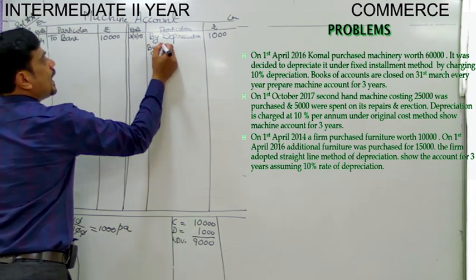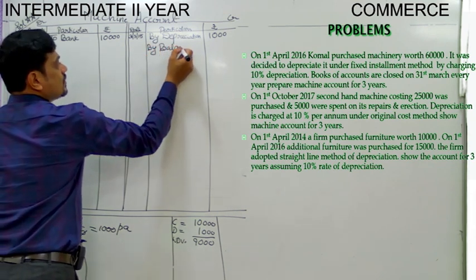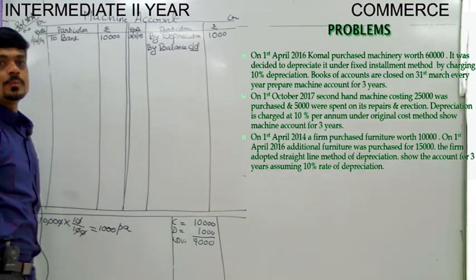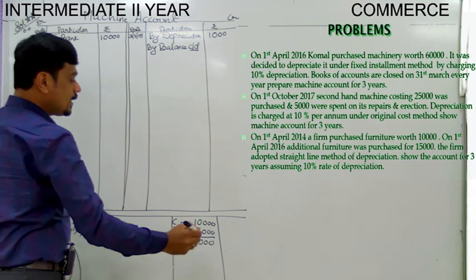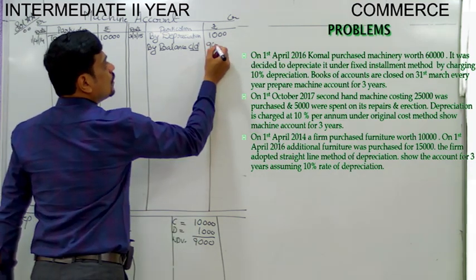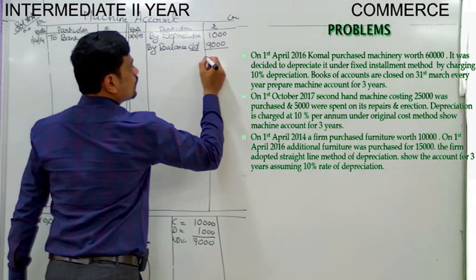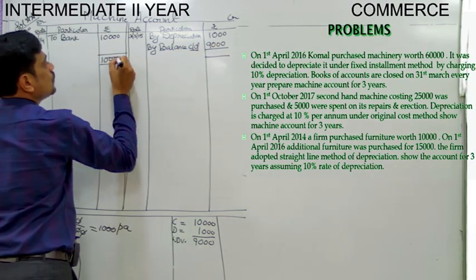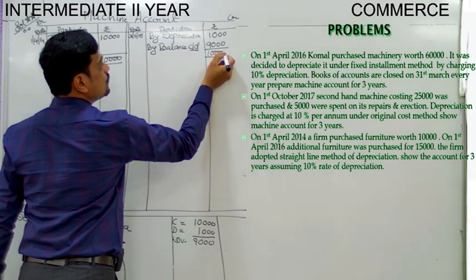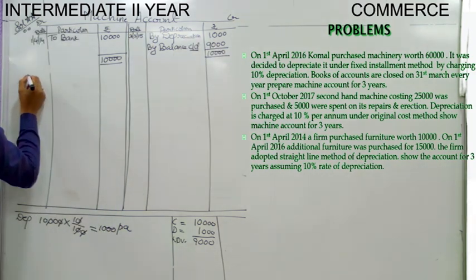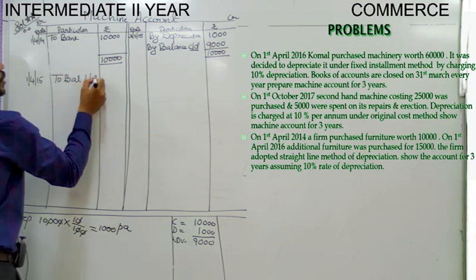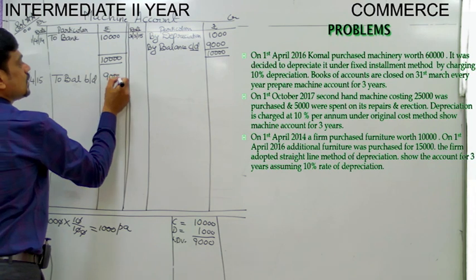So by balance carried down. Generally students, they don't write carried down, brought down. You have to write carried down and brought down. Lesser side carried down. So close the account with 10,000. First year is over. Now, 1st April 2015, to balance brought down 9,000.